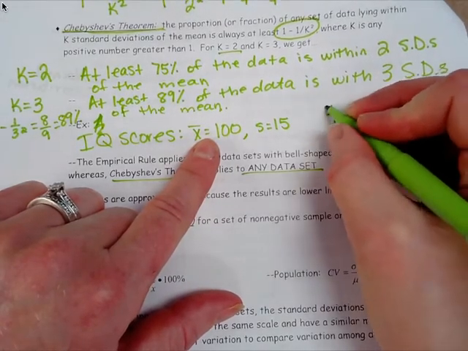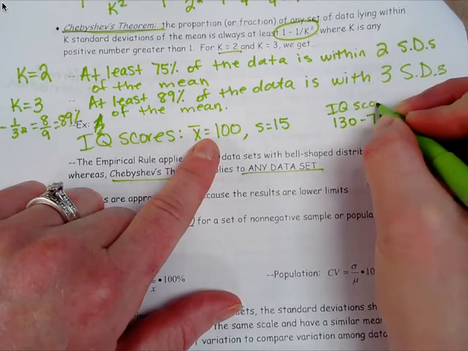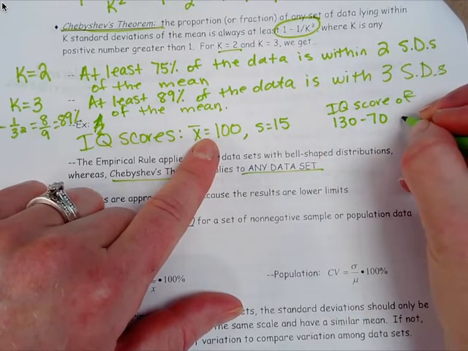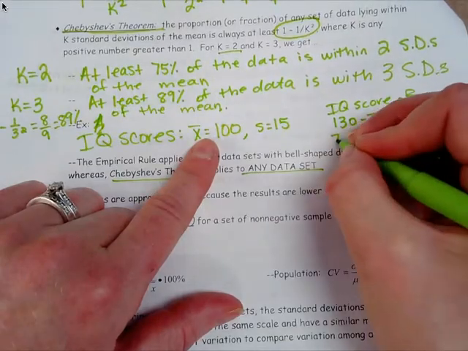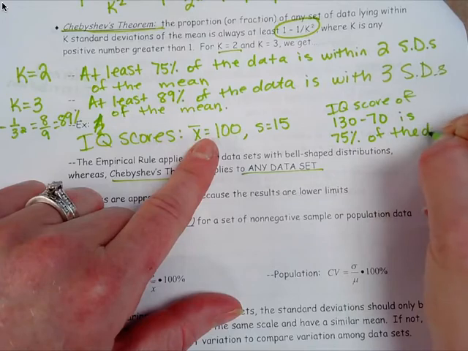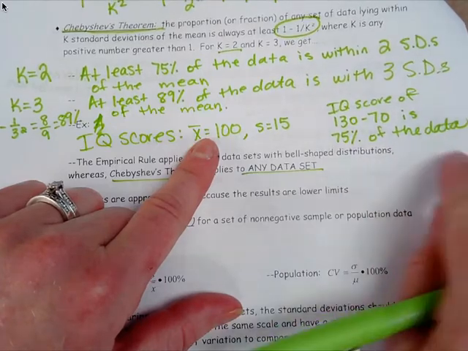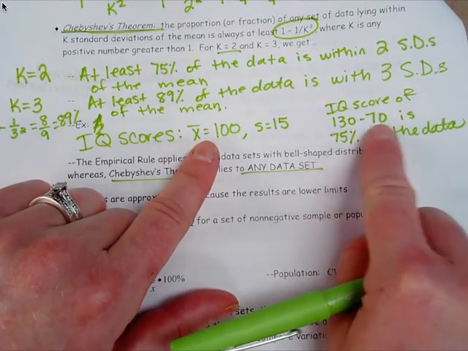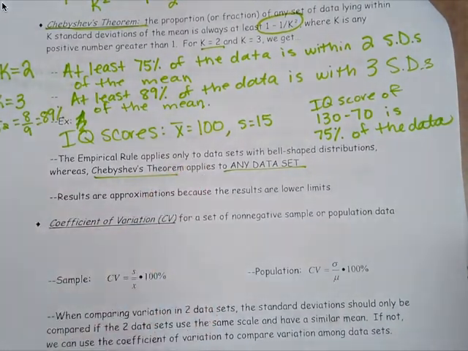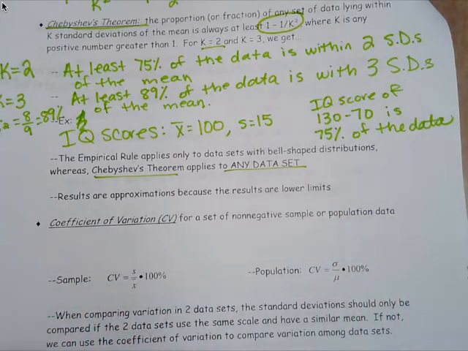So 75% of the data will fall between an IQ score of 130 and 70. But later we're going to find out that IQ scores are actually a normal distribution.